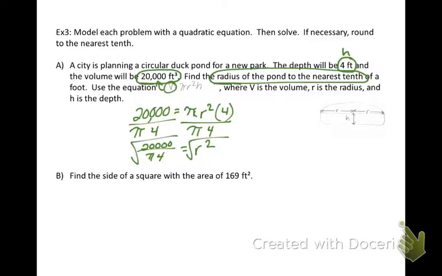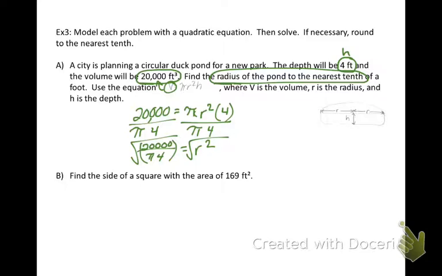Now, on your calculator, you are going to put parentheses. So you're going to put your square root sign, and then parentheses, and you're going to go 20,000 divided by 4 pi, and do the pi sign, not 3.14.